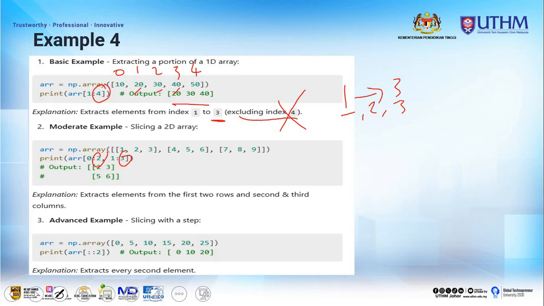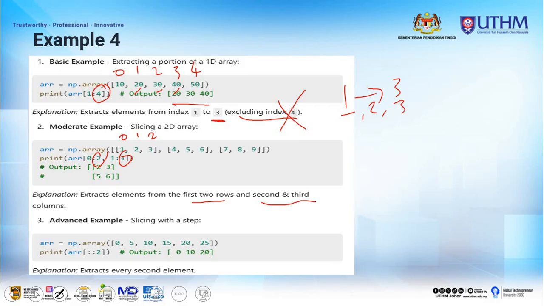So the output will be 2, 3, and 5, 6. So it extracts elements from the first two rows and the second, third columns.